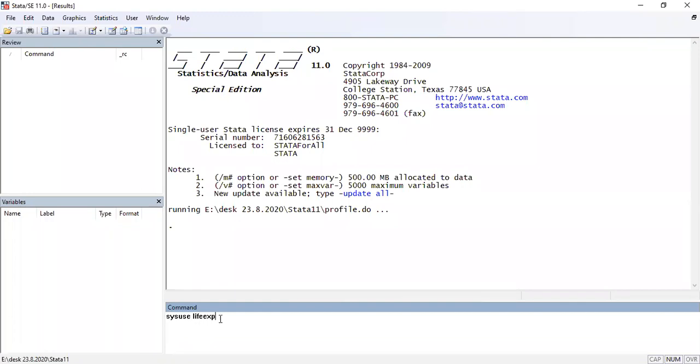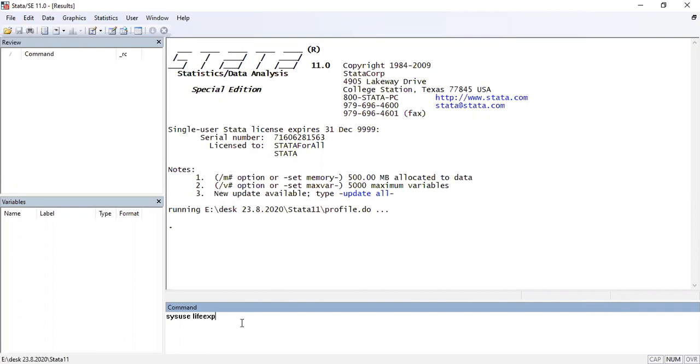And the second word, lifeexp, is the name of a file built in with the software. So we are going to use the file life expectancy. The title of the file is LIFEEXP.